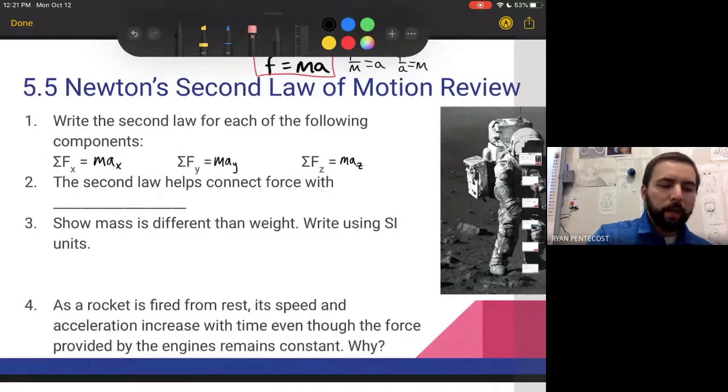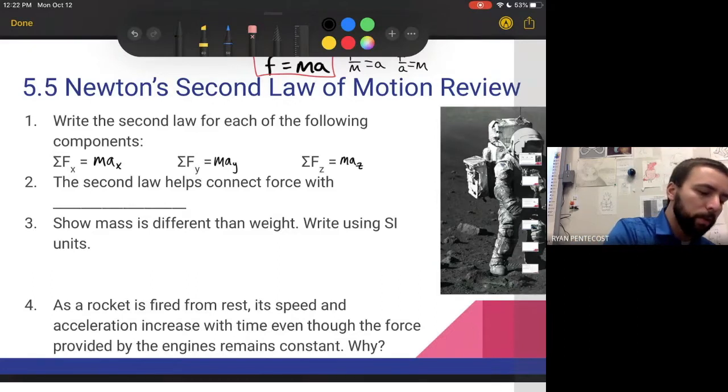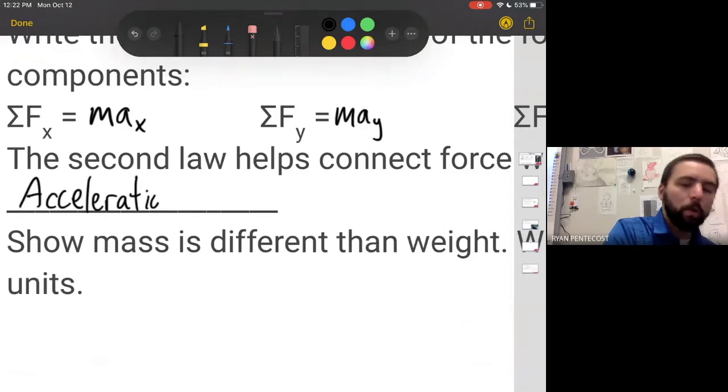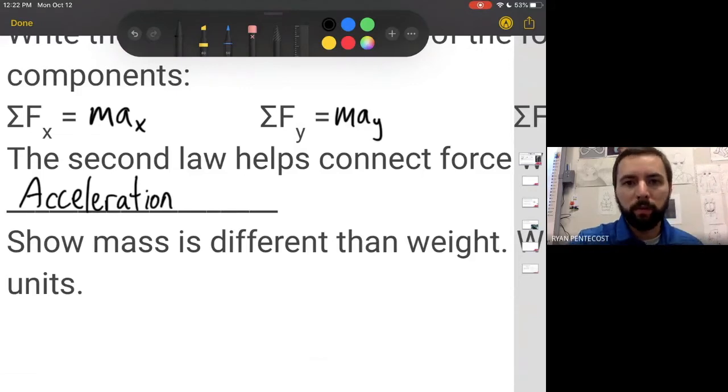Now, the second law helps us connect with a concept that we have talked about a lot in this course so far. Force is now connected with acceleration. Acceleration has been the cornerstone of what we've talked about so far. Our physics has surrounded the idea of constant acceleration up to this point, right?